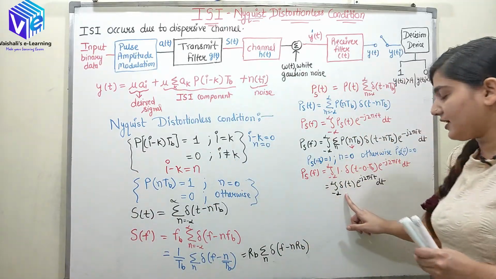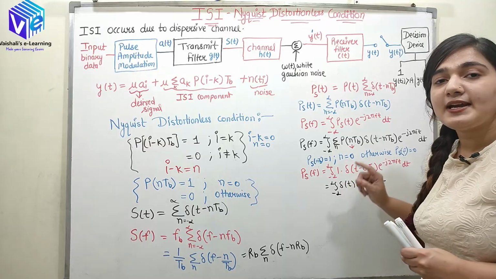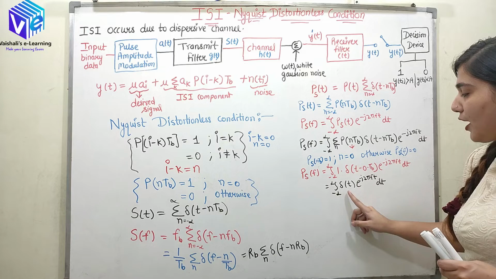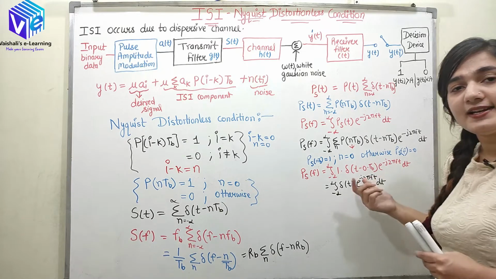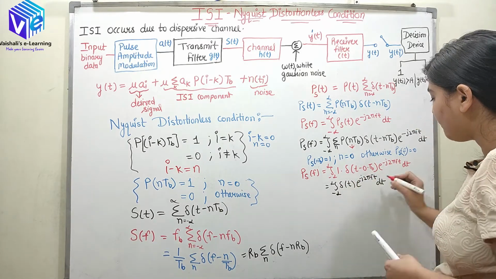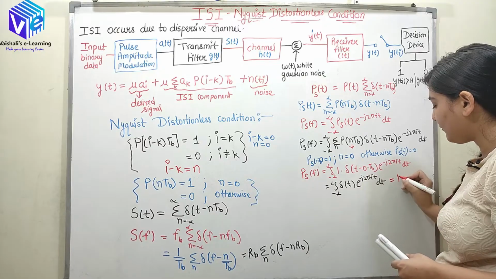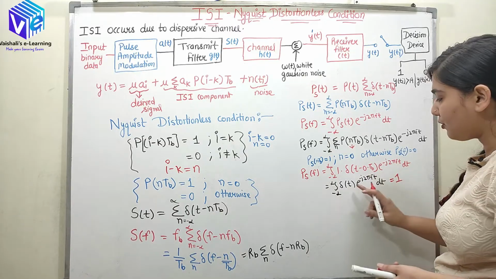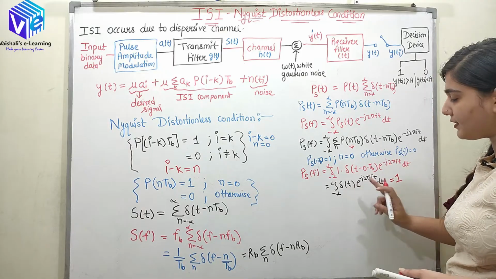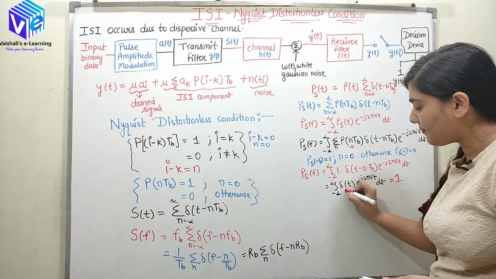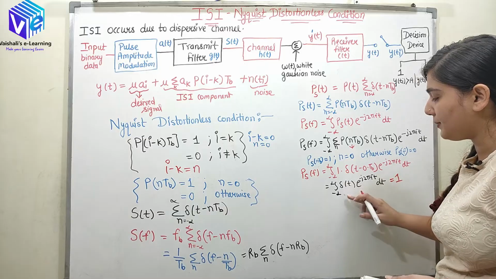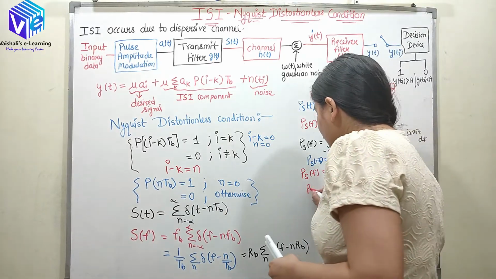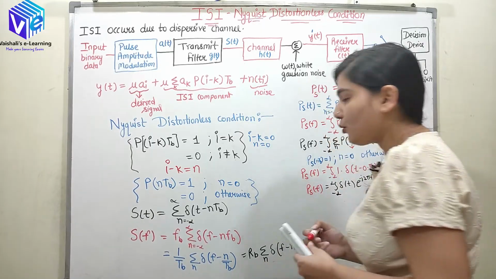The impulse function is only present at t equal to 0, otherwise it is 0. So when I put t equal to 0, e raised to power minus 0 will be 1. Otherwise this will become 0 and the whole function will become 0. So I hope you understood PS(f) is equal to 1.